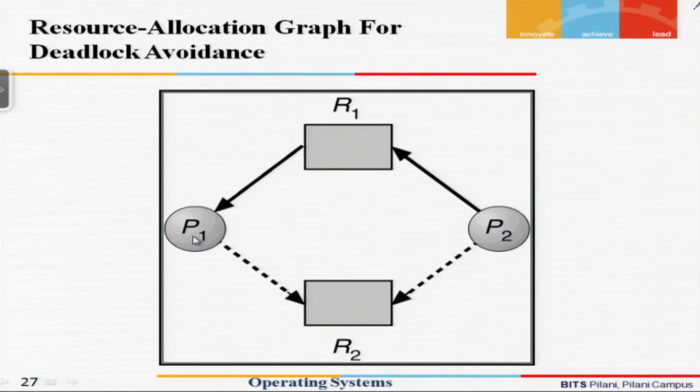We see here that P1 and P2, both of them are connected to a resource R2 through a dashed line. This essentially means that P1 and P2 might stake claim for resource R2.